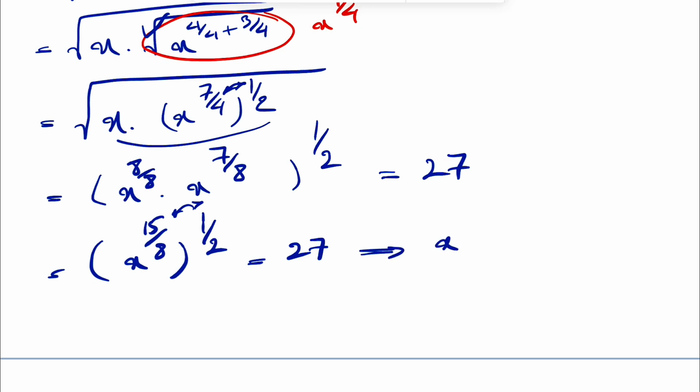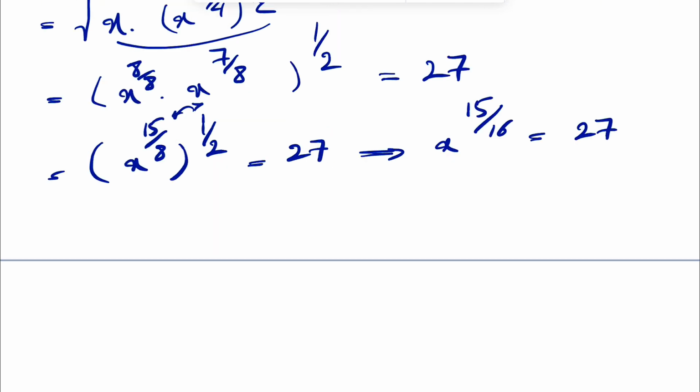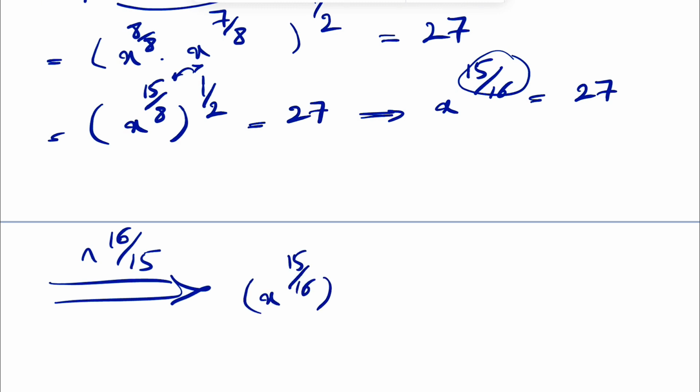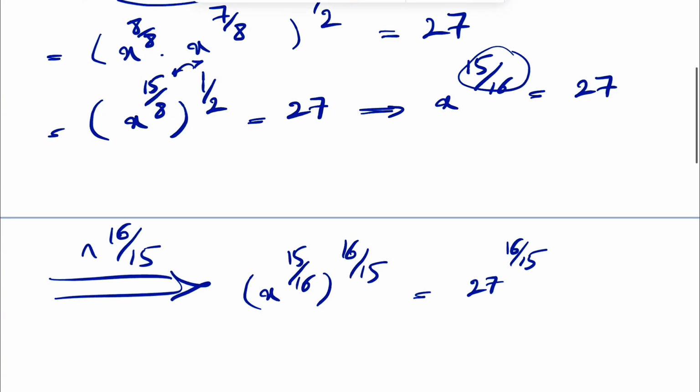X to the power of 15 over 16 is equal to 27. And the last step: we take the power of 16 over 15 in order to get rid of this power. So it will be x to the 15 over 16 to the power of 16 over 15, and we have 27 all to the power of 16 over 15.